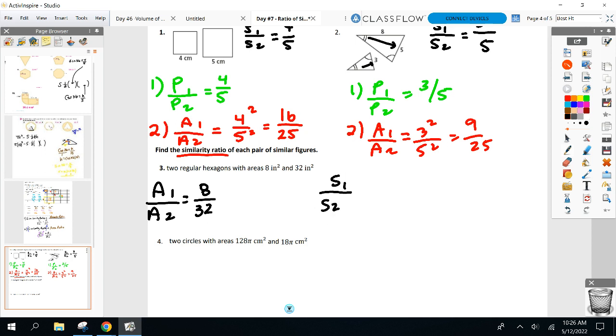See how I'm going backwards now? How do I get from S1, S2 to A1, A2? I square them. So what do you think I do in algebra days to go backwards if something's squared? Take the square root. Correct. All right, everyone hop on your calculators right now.